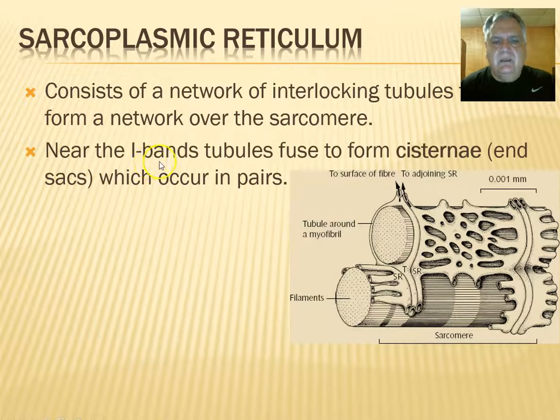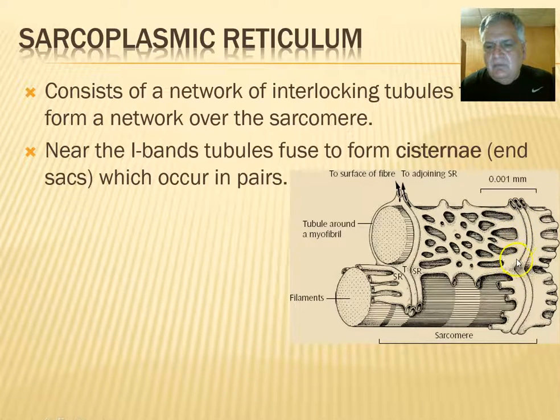Now, near the edges of each sarcomere, the I bands, the tubules are going to fuse with one another. We can see how they're coming together and fusing right along here. And they form these end sac regions, which are referred to as cisternae. The cisternae, if we look over here on the right side of the diagram, are going to occur in pairs.